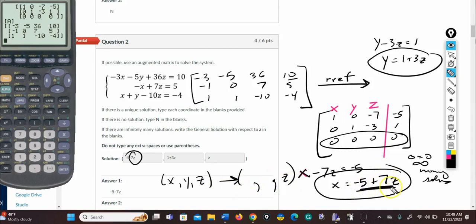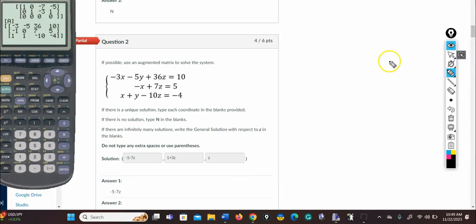And so I have -5 plus 7z and 1 plus 3z. So that should have been -5 plus 7z. Okay, I think I wrote a minus 7z, so it was a typo there. Okay, so I'm going to stop it there.